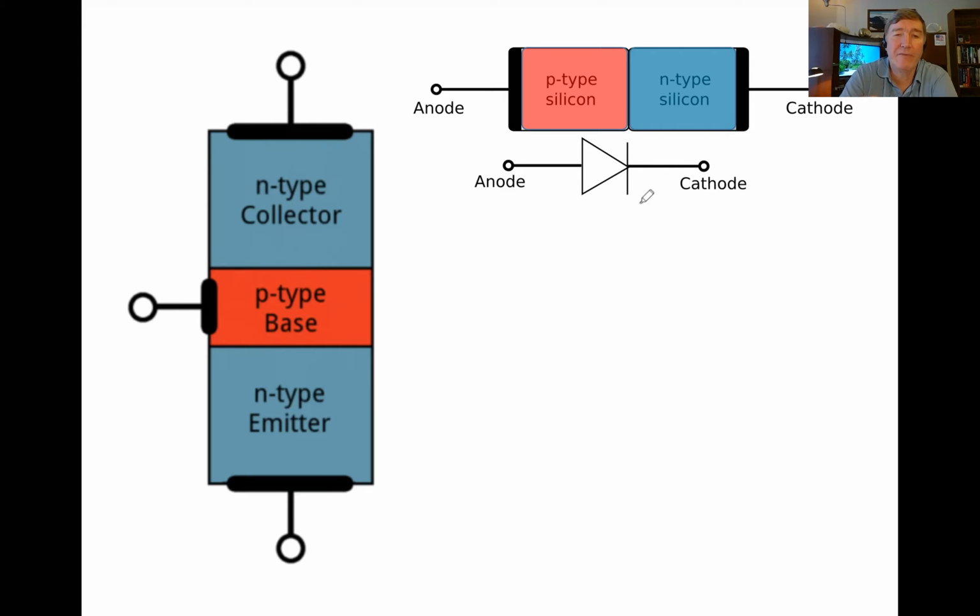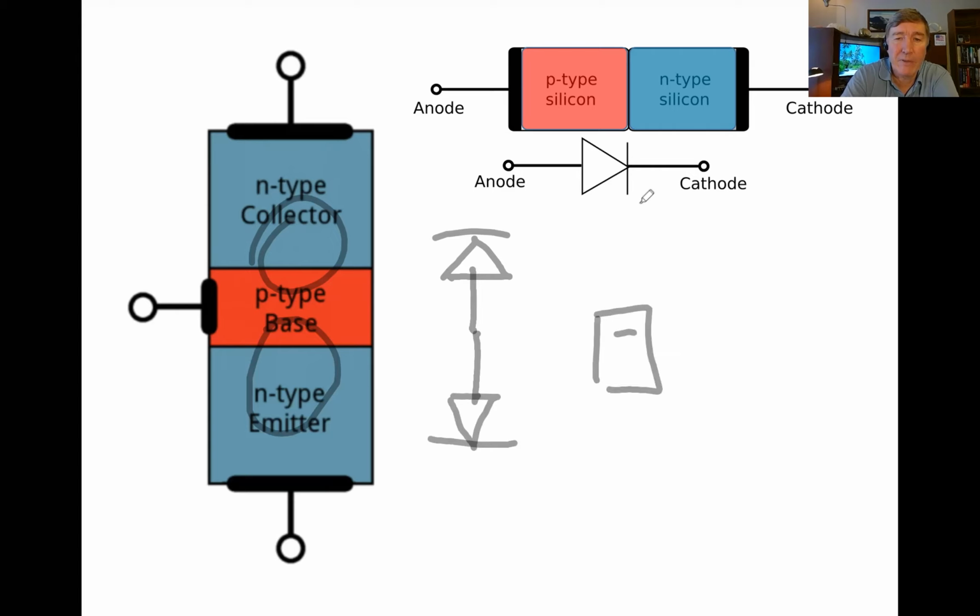Here's a good way to think of it, guys. Remember, this part right here is basically like a diode that's pointed this way. This part down here is basically like a diode that's pointed this way. So if I take my battery, here's my plus and minus. If I hook up the battery like this, it is trying to push the current through here like this.